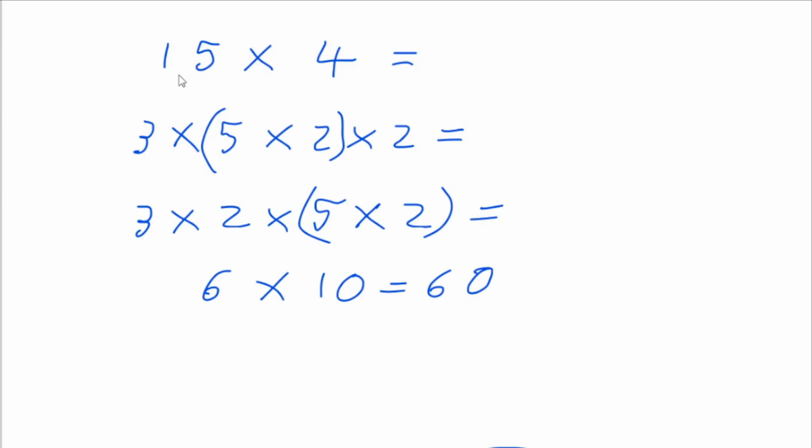So sometimes, even though you can't see a 5 and a 2, if there's numbers that are factors of other numbers, you can sort of expand them out and multiply it all out to find the bits that will make it easier.